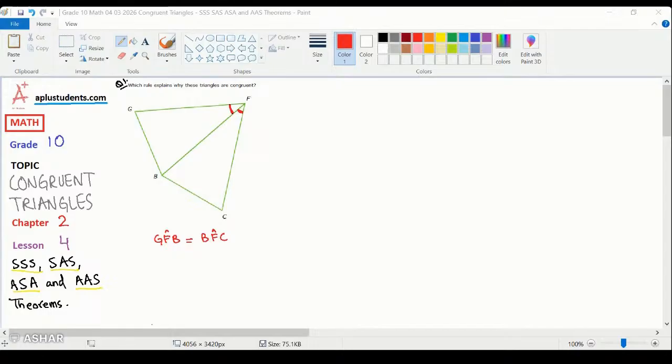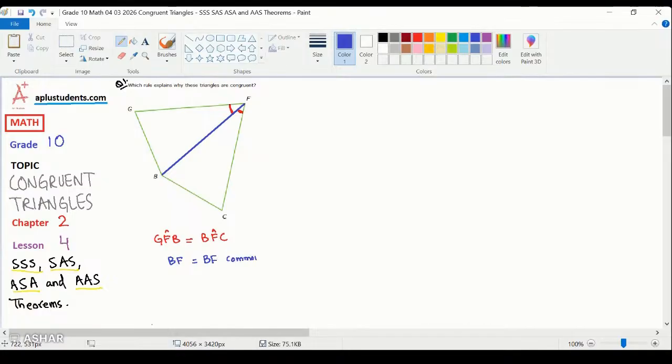Apart from that, we know that there is one common side. BF is the common side. Agreed? So for the first triangle we can say BF is common to both. This is a common side.